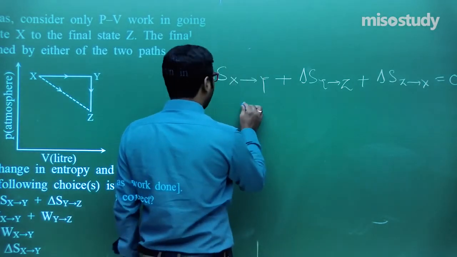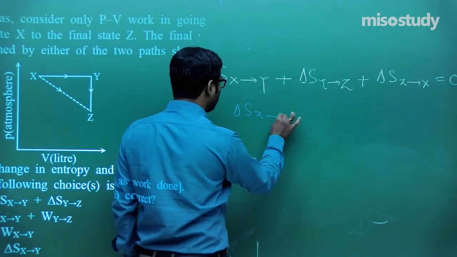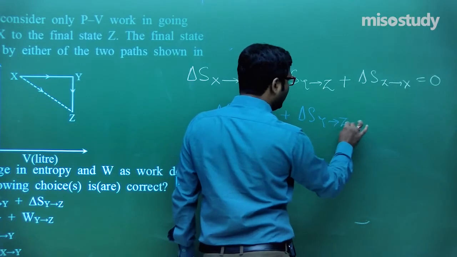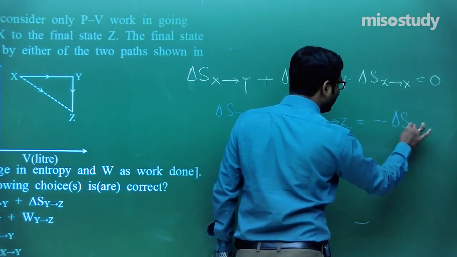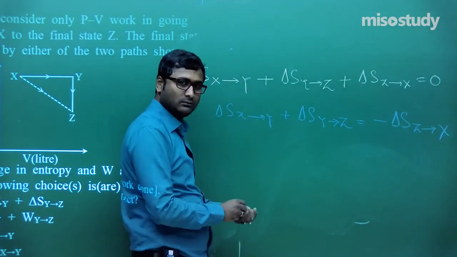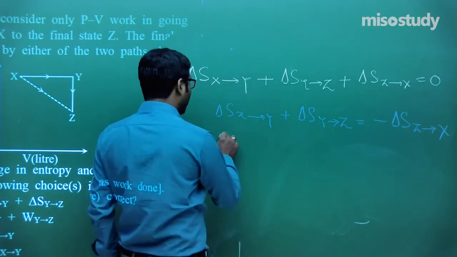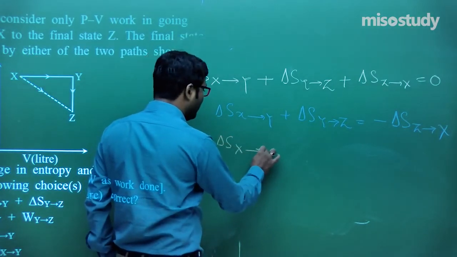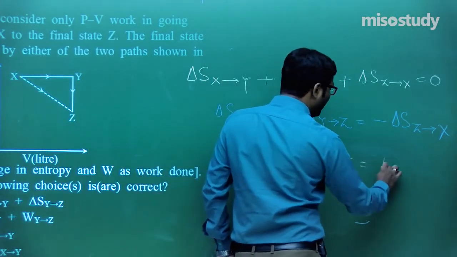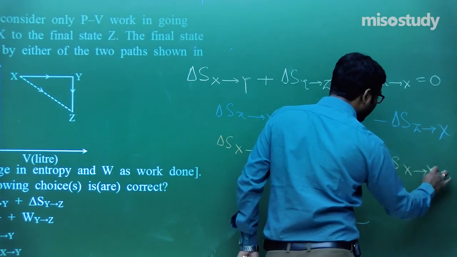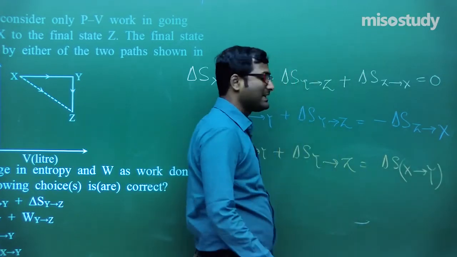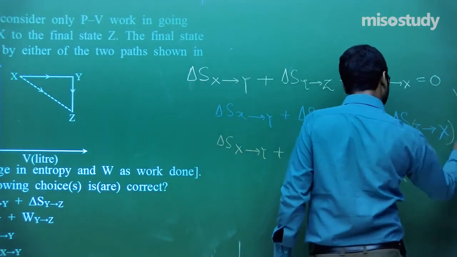Now we can write delta S X to Y plus delta S Y to Z is equal to minus delta S Z to X. Am I right or wrong? Sir, you are correct. Now delta S X to Y plus delta S Y to Z equals delta S X to Z. It can be written like this: delta S X to Z will be equal to minus delta S Z to X. This is the first expression.